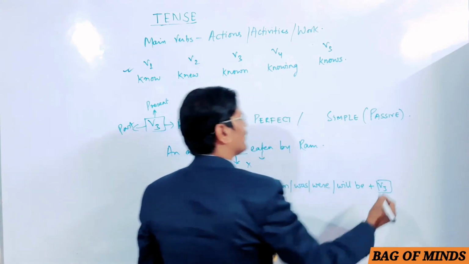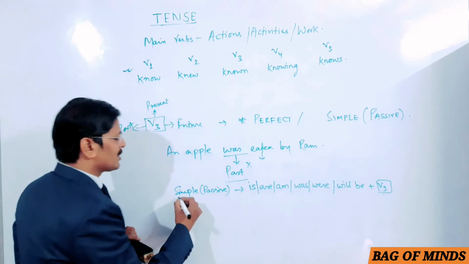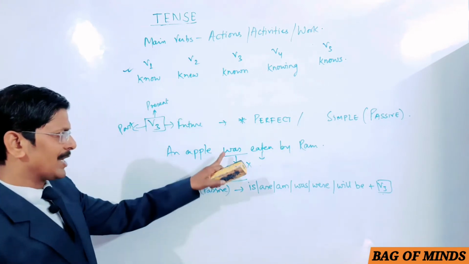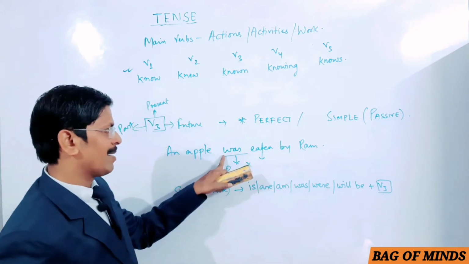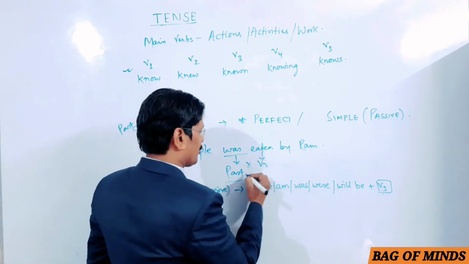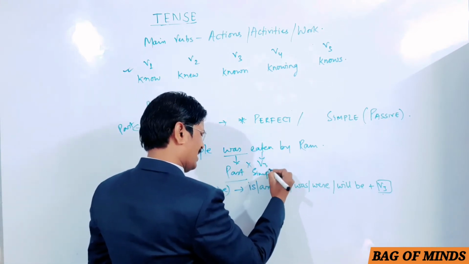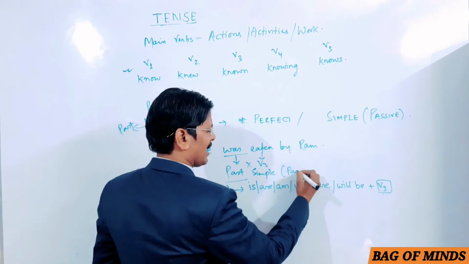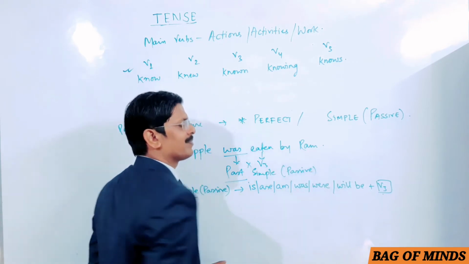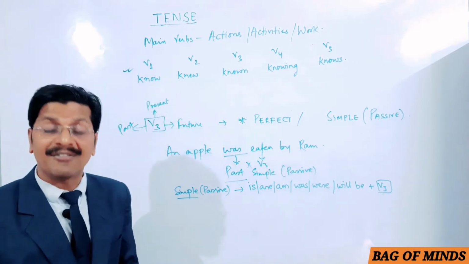In case you have this form, this belongs to simple category. So here was, you remember, and then we have V3. So this will be my past simple. However, it is in my passive form. I hope this is clear to everybody.